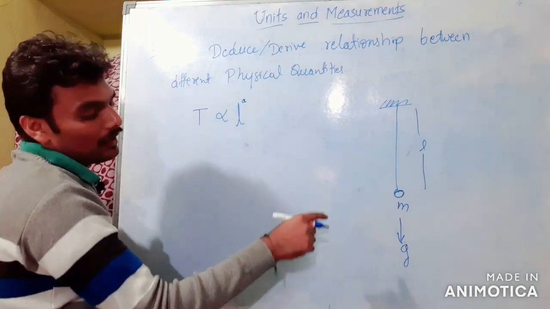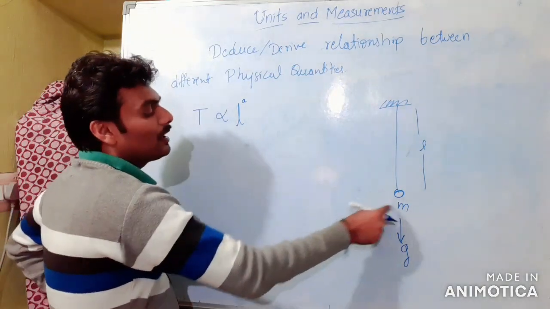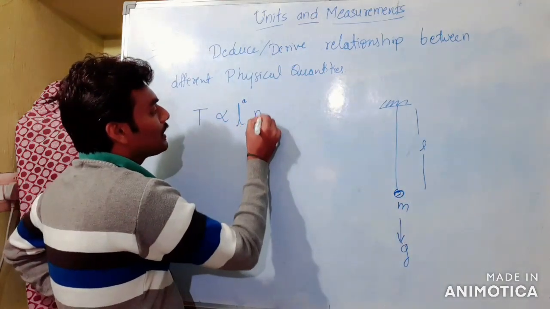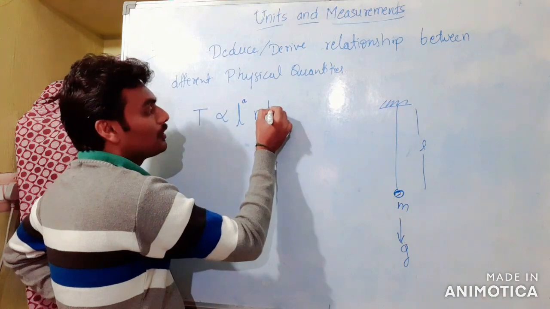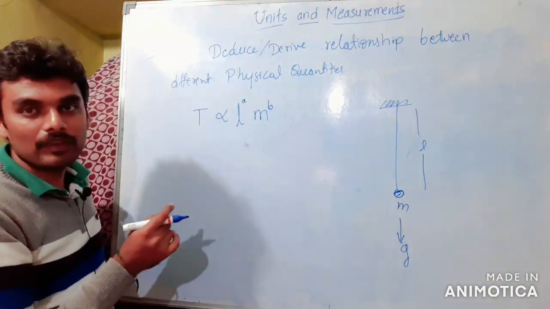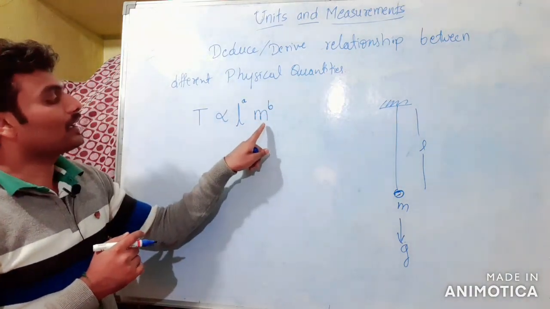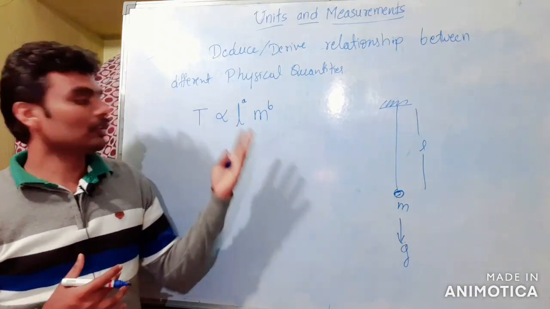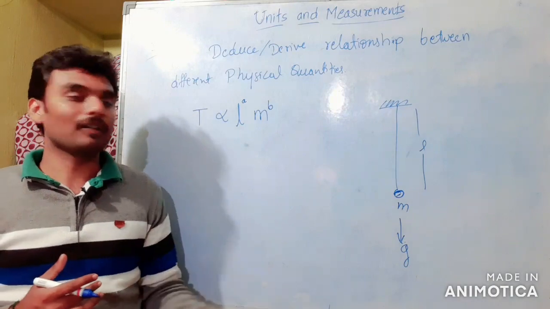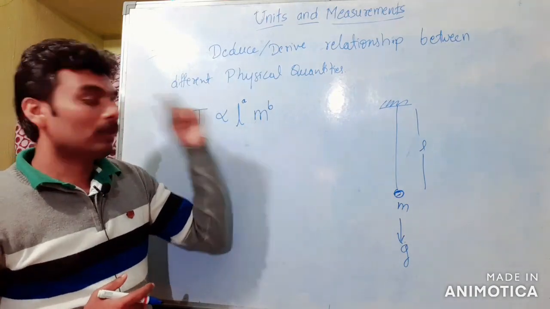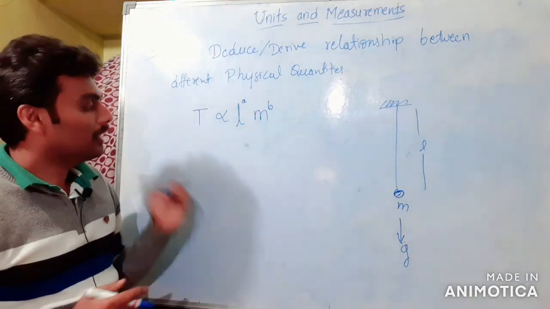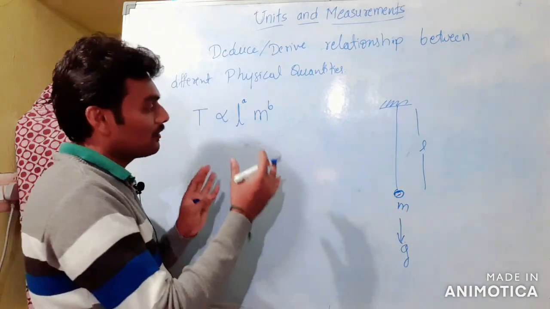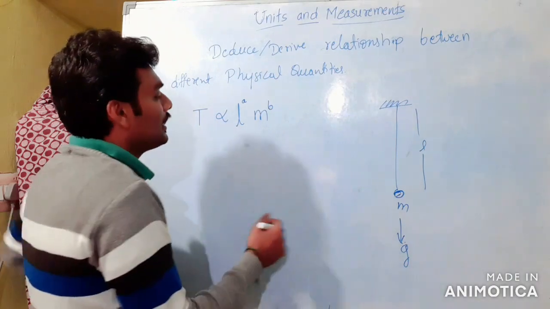Then I think that it can also be dependent on the mass of the bob. So I'll take one more factor, m, the mass of the bob, to the power of b, small b. I think these are the possible variables, the factors which can vary in the experiment.